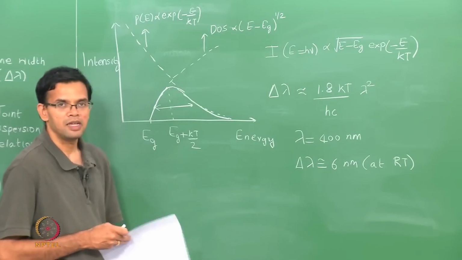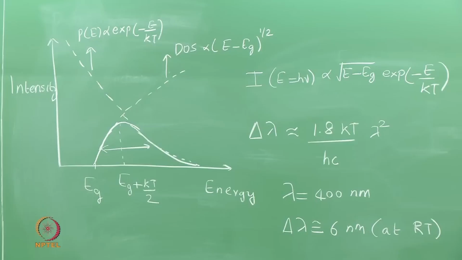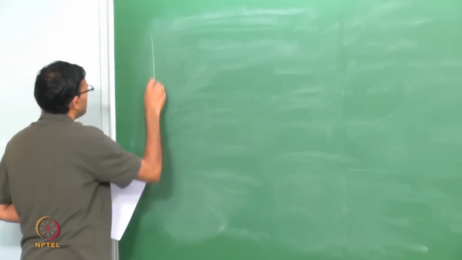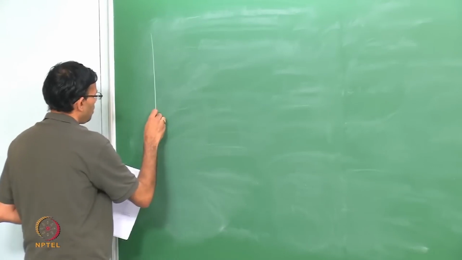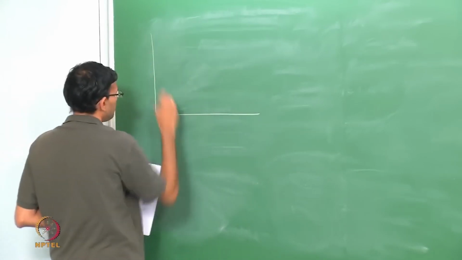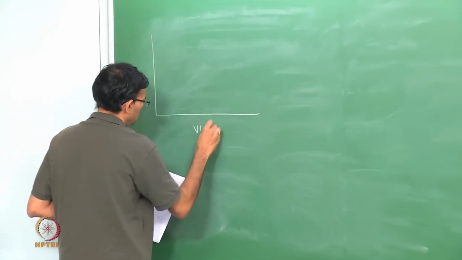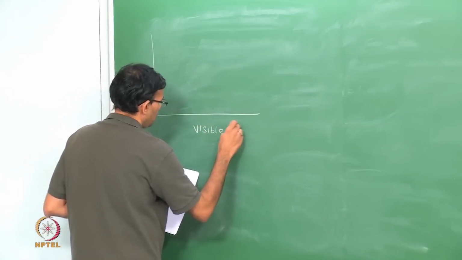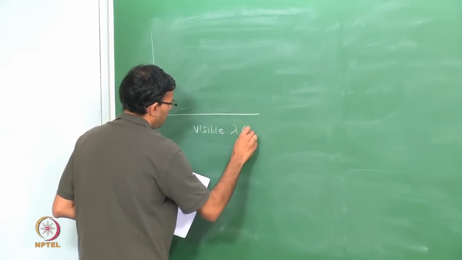So we can summarize this in the form of a plot. I would just like to look at the different LED materials. So I will plot the visible region, wavelength in nanometers.